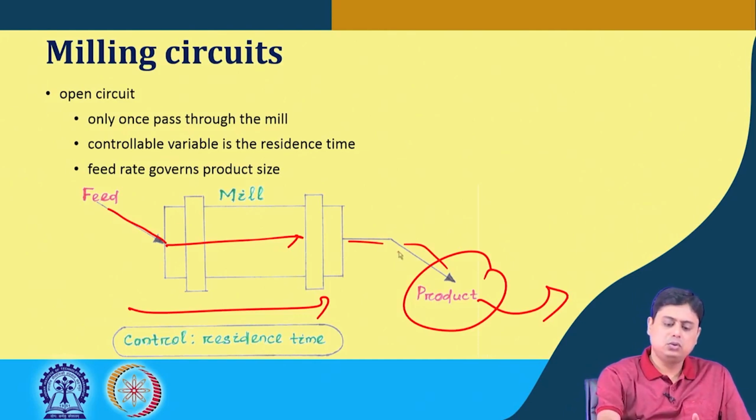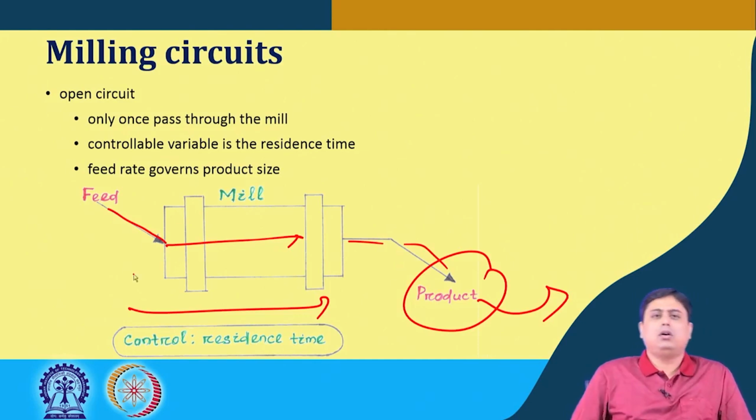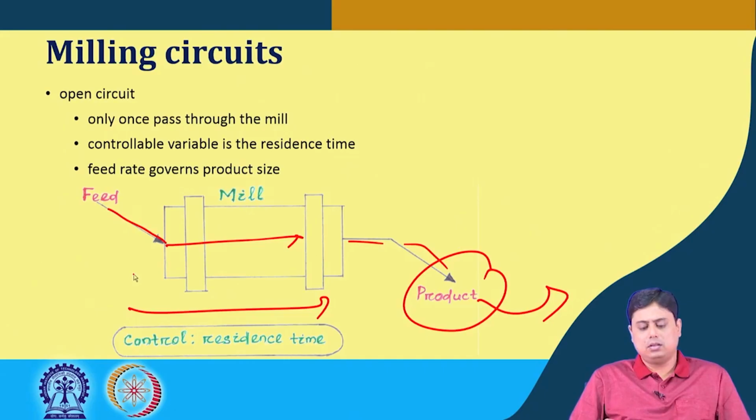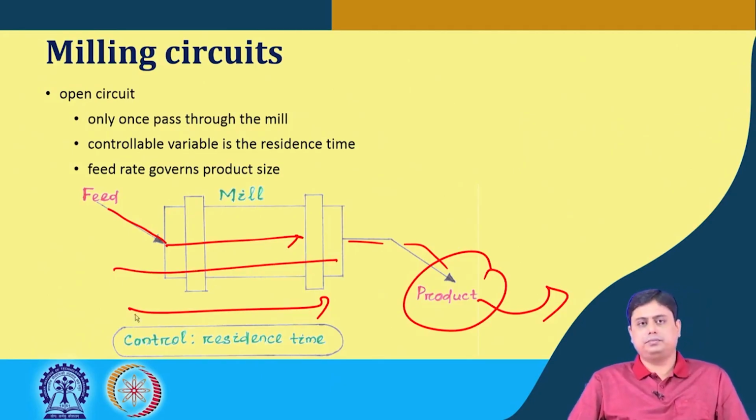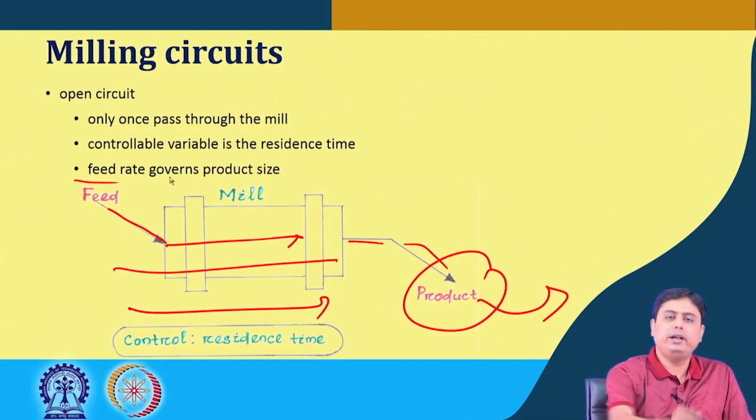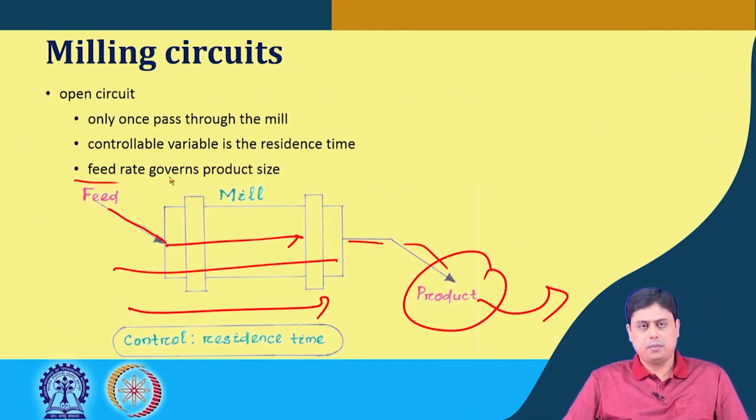And since there is no feedback or recycle of this product, the effective operation of the milling operation completely depends on the control of the feed rate. The way you provide the feed rate dictates the residence time, which in turn dictates the product size variation or the product size distribution.